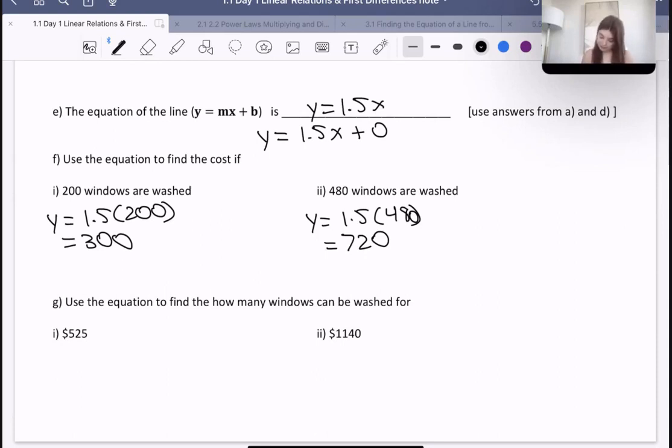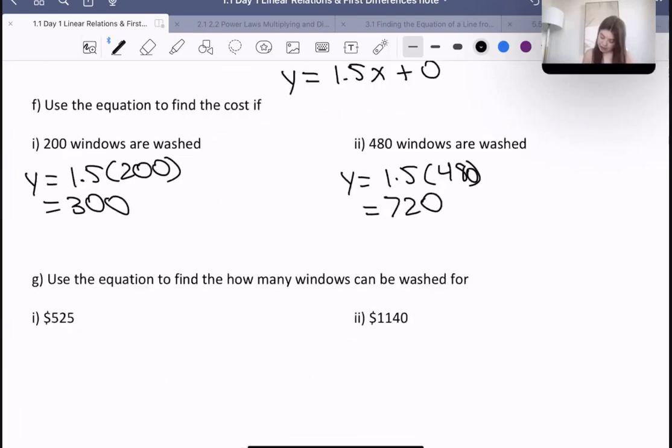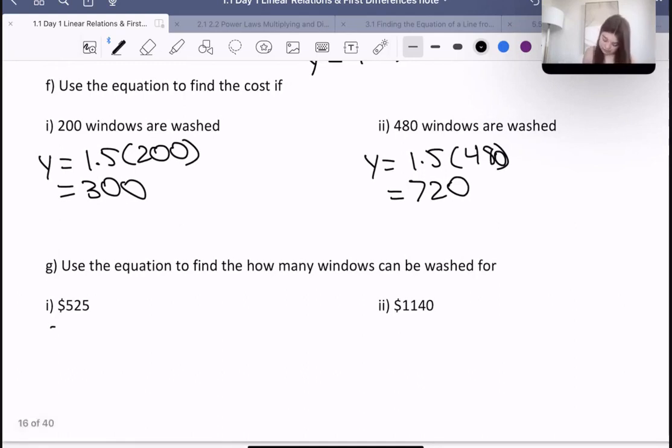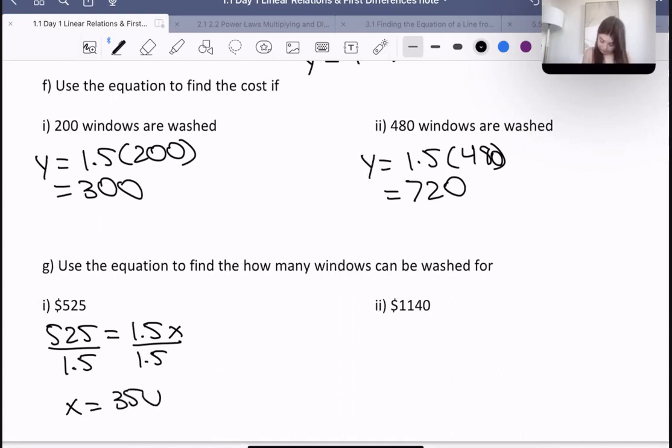Okay, use the equation to find out how many windows can be washed for $525 and $1,140. So let's see. 525 would equal 1.5 times x. So what we must do here is divide both sides by 1.5, and we get x is equal to 525 divided by 1.5. And when we plug that into our calculator, we will get 350.